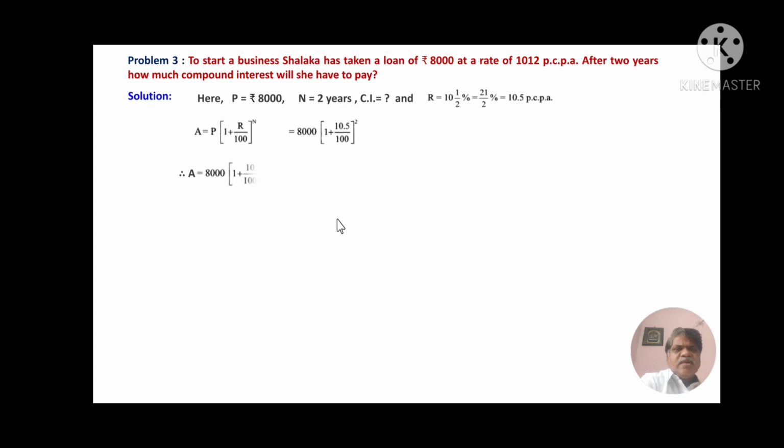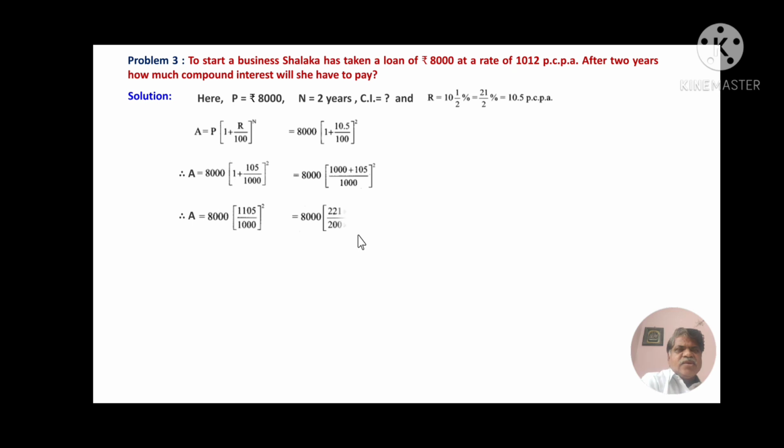So therefore A is equal to 8,000 into bracket 1 plus 105 upon 1000. Here the point sign is in 10.5. Numerator and denominator multiplied by 10. Therefore you are getting 105 upon 1000 raised to 2. So friends, the next step will be 8,000 into bracket 1000 plus 105 upon 1000 raised to 2. Therefore A is equal to 8000 into bracket 1105 upon 1000 raised to 2.